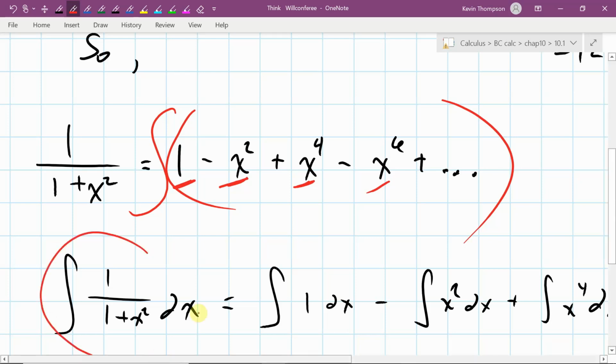Do you recognize that antiderivative? Do you know what function we must be talking about there? Can you tell me the function whose derivative would give that? Not 2 over x. Try that.